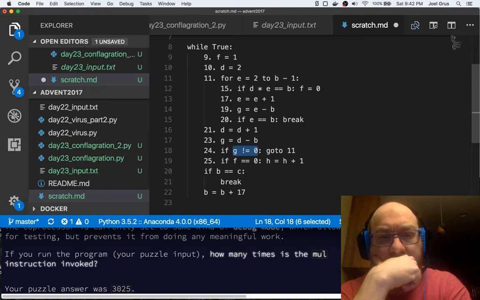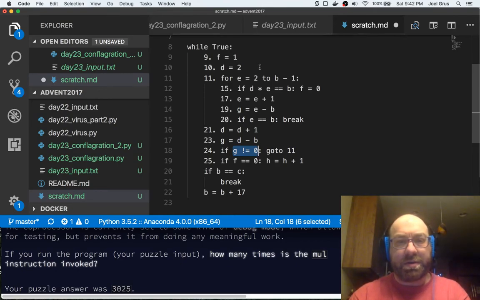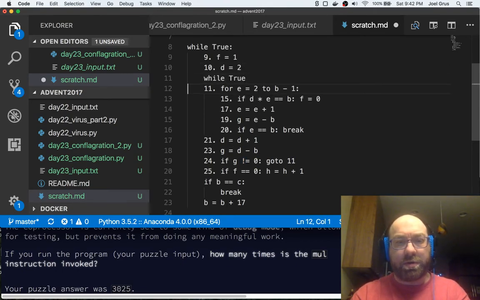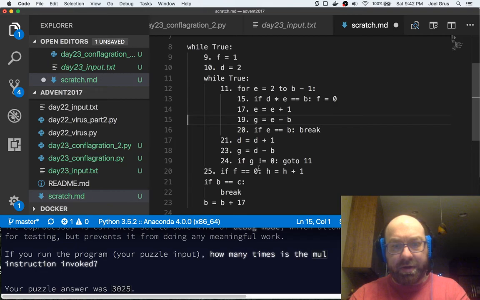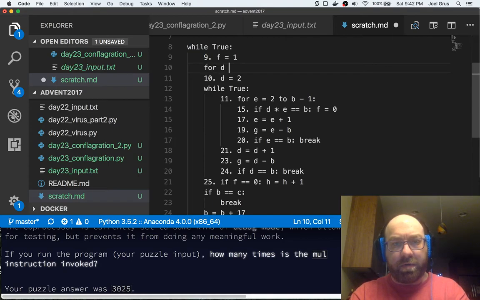If G is not equal to 0. So we've added D, and then we go back to this again. So this is another while true. And then if D equals B, break. And so this is really just for D equals 2 to B minus 1.